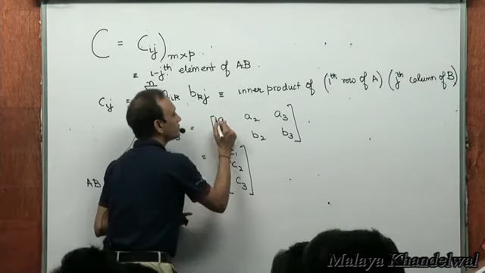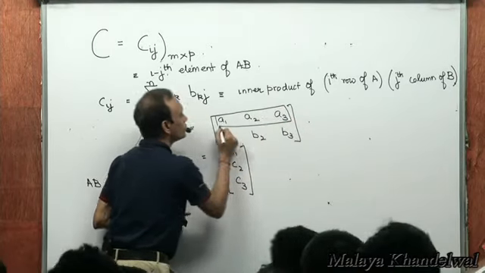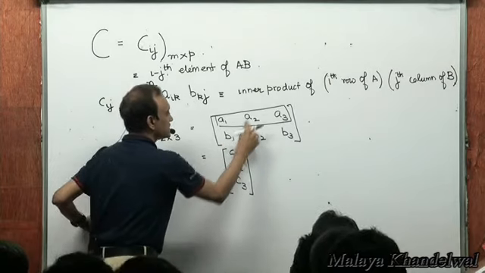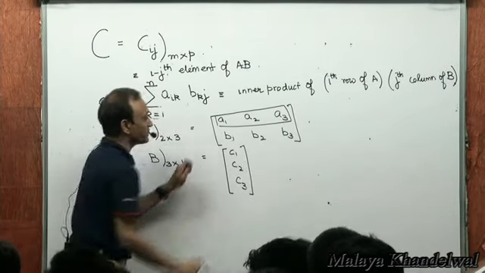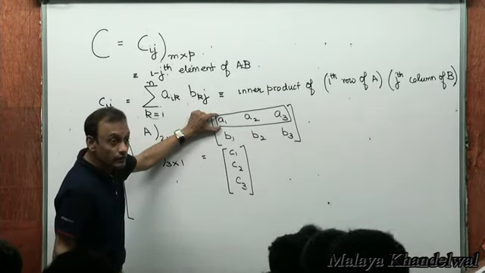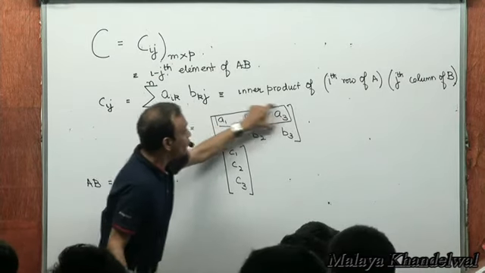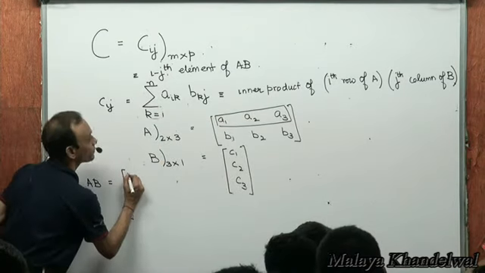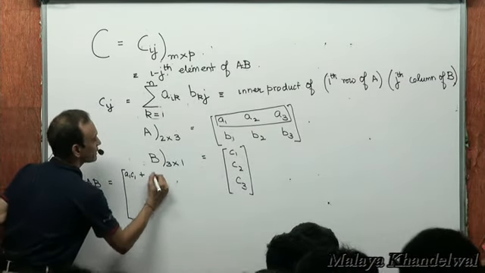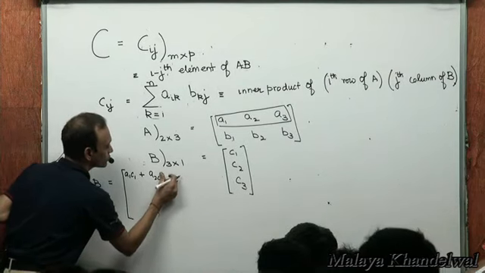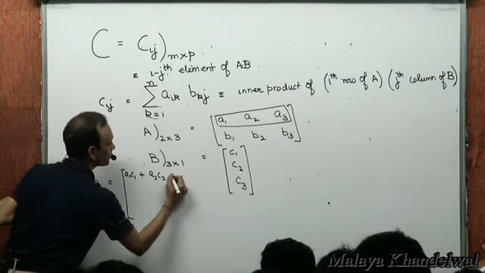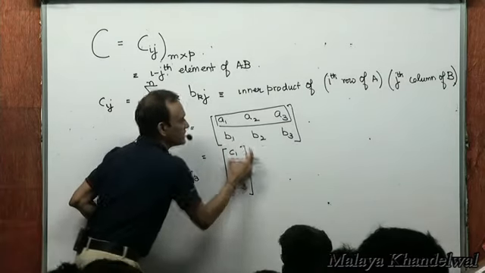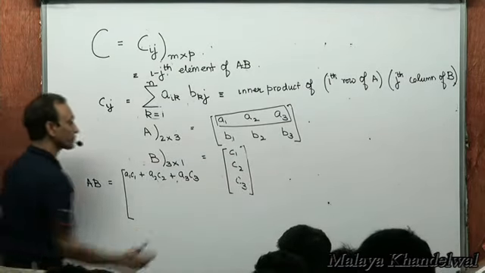I'll take this row and then this column, right? I'll have elements A1C1, A2C2, A3C3, isn't it? The C11 would be the first row of this and the first column of this, right? So that's going to give me A1C1 plus A2C2 plus A3C3, which is the inner product of this and this, right?